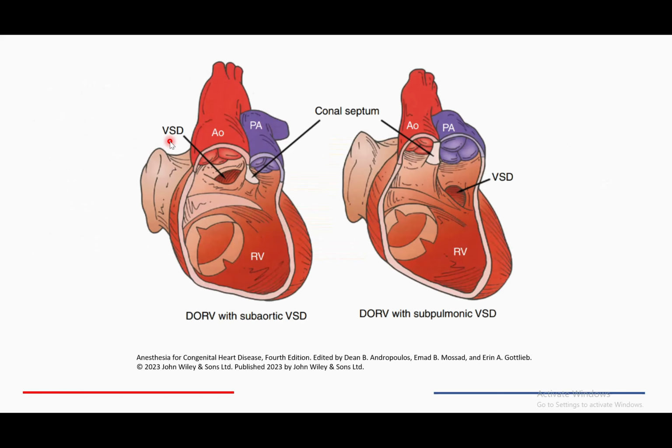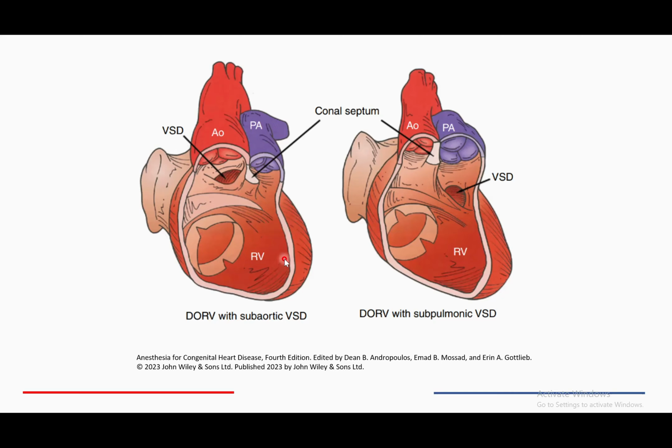If the VSD is subaortic, this is a view from the right ventricle. The blood from the left ventricle at the back flows through the VSD, and it finds the aorta facing it.